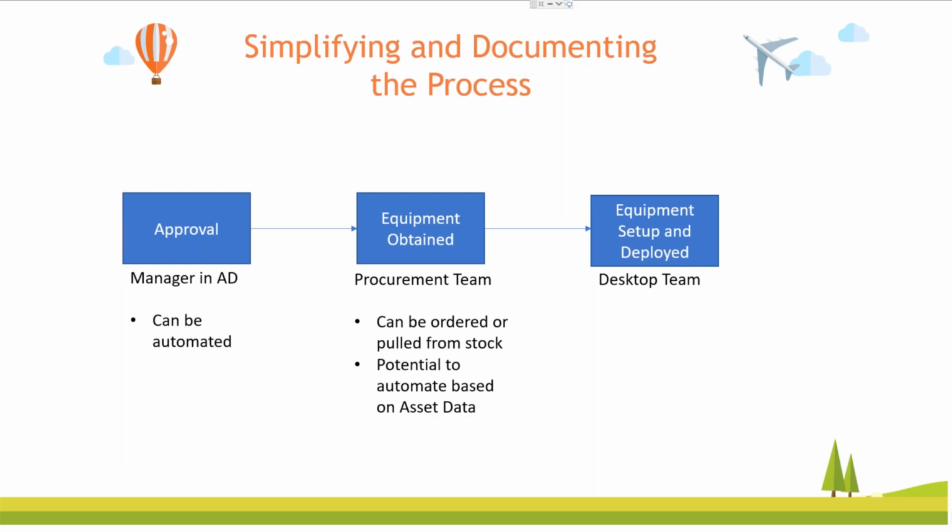You're going to have your own process for that, and we can group that all together into just one activity to go and set up the equipment. It could be that it's just a case of putting it in a box and shipping it because it's going out to a remote user, not based in your head office where you've got IT personnel. Again, that's going to vary from case to case, so we can sum it all up into this set up and deploy equipment stage.